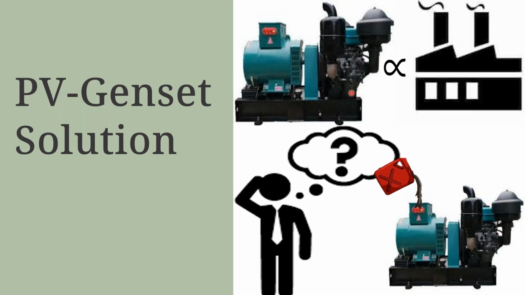This is basically the action of the governor, the component of the genset that is responsible for controlling the valve through which the fuel passes into the combustion chamber.